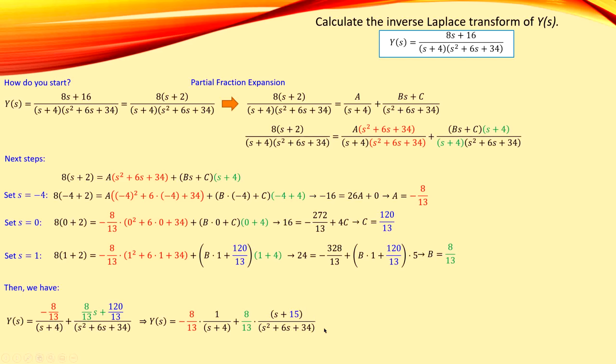That will be clear in the next step. Again, this is 15, because 15 times 8 is 120, and 120 divided by 13 is exactly the same as we have here. And 8 times 8 over 13 is multiplied by s, and I get exactly the same form. I have now placed this term in front of this expression.